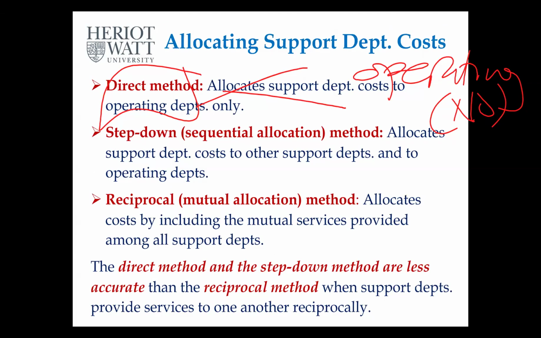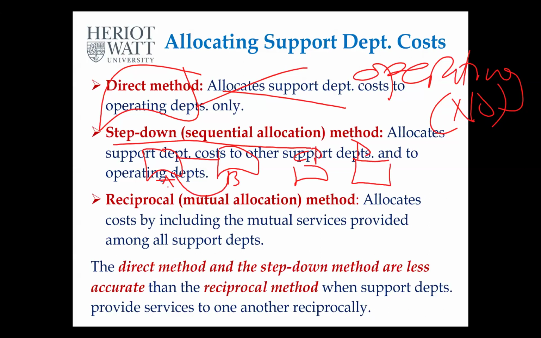Under step down, a department can share a cost to a fellow service department. These are supporting departments. Say A is a supporting department, B is also a supporting department, C is an operating department, and D is operating. A can share something to B as well.